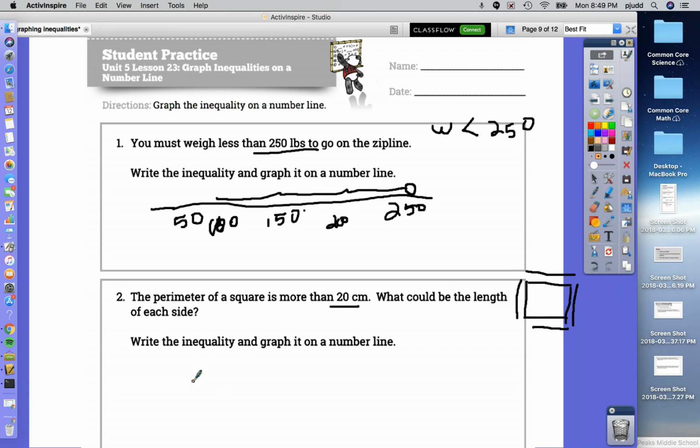Okay, so this is what you would have discussed. If I know that I have a square and the perimeter is more than 20, then that means that each side must be more than 5. 5, 10, 15, 20.